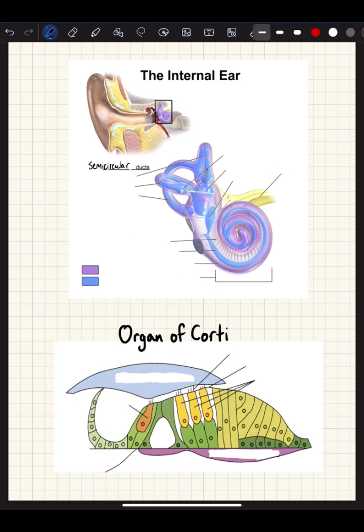And these semicircular ducts are split up into 3 different portions based on their anatomical position. Topmost being the anterior semicircular duct. Middle one being the lateral, and then the bottom one being the posterior.